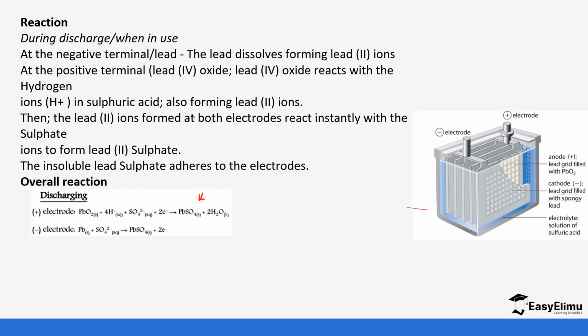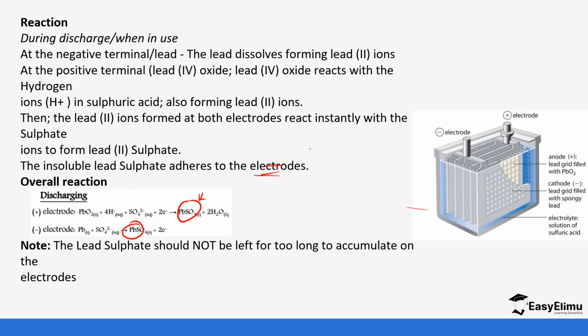So the lead is lost to form lead ions and sulfate, and then the ions are regained at the cathode. They react with the lead oxide and hydrogen ions and sulfate ions to form lead sulfate and water. So you notice that the sulfate is the most common product that is formed, and we say that it adheres to the electrodes.